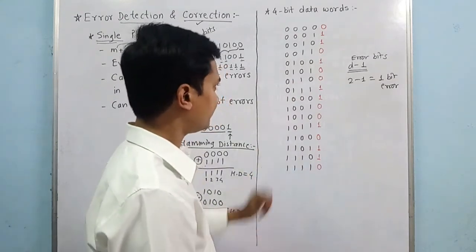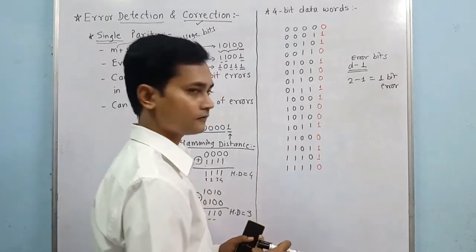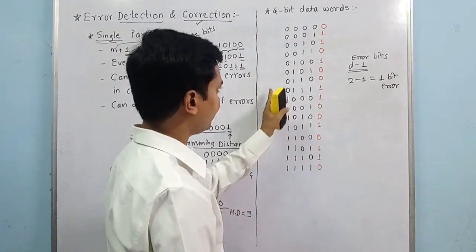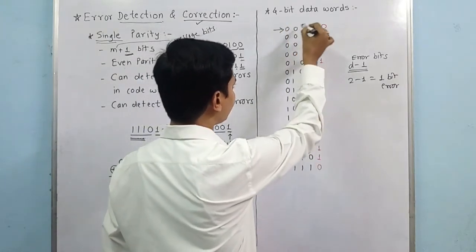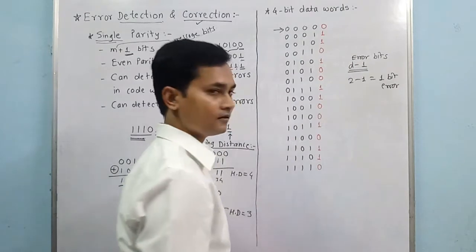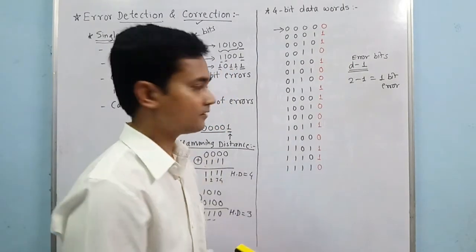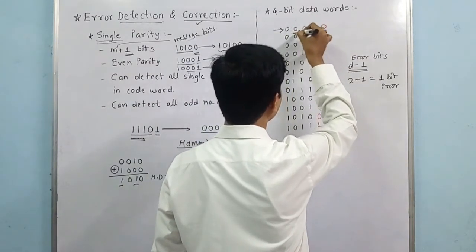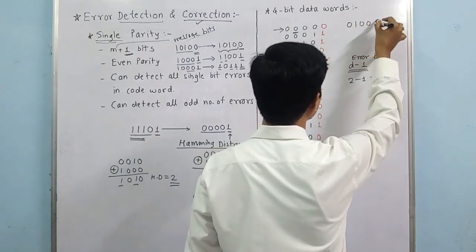Now consider that the transmitter sends this combination, suppose 0 0 0 0 0, and one bit is changed. Suppose I change this bit: 0 1 0 0 0.